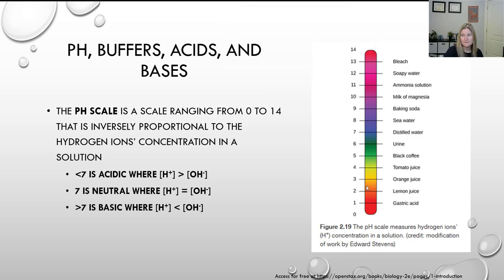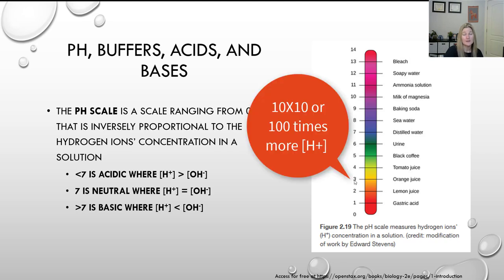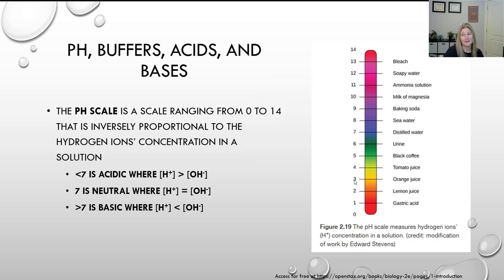Okay? So if we're going from, say, pH 5 to pH 3, orange juice compared to black coffee actually has 100 times higher concentration of hydrogen ions, because each of these is a factor of 10, base 10 scale. Okay, so it's a logarithmic scale.